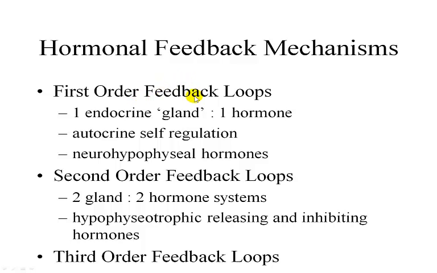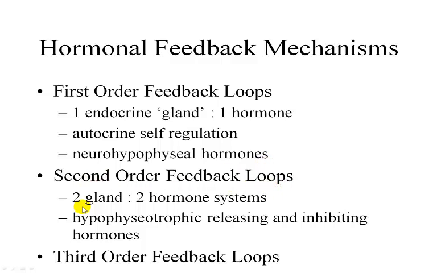Okay, so feedback can be both negative and positive, as we know. However, in general here, we're thinking of negative feedback for regulation. So one endocrine gland, one hormone is the idea. The autocrine self-regulation for the first order loops, and the neurohypophyseal hormones are the ones we think about for that.